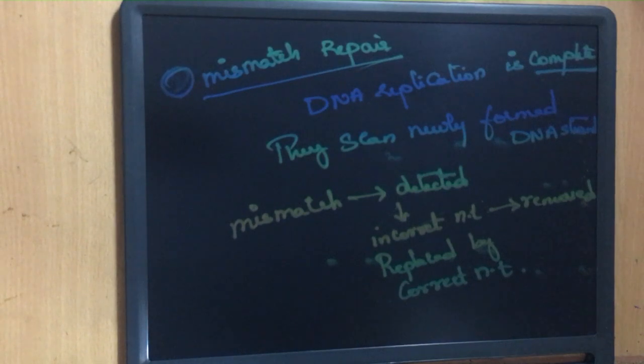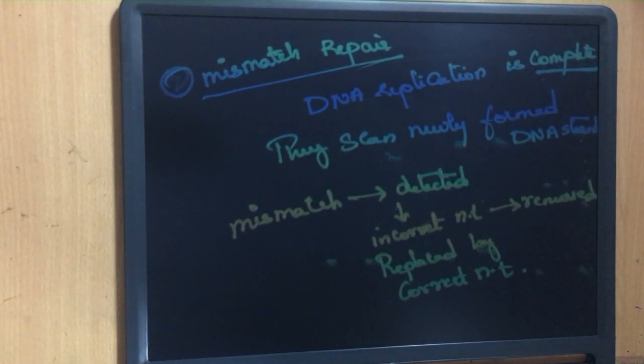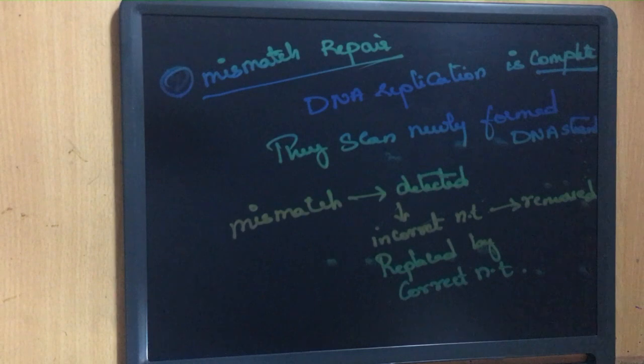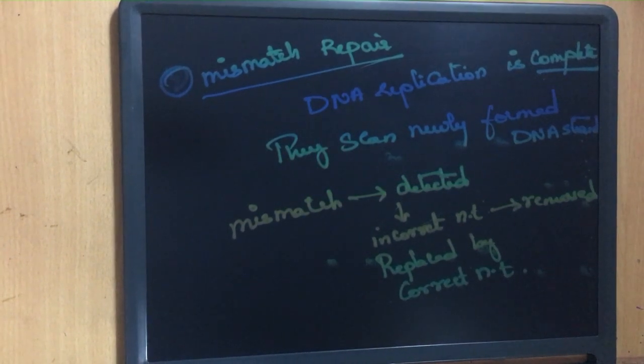So, here we have to understand that the mismatch repair mechanism is done after the new strand is completely synthesized, whereas the proofreading mechanism by DNA polymerase is carried out during the synthesis of the DNA strand. Okay, it is done in real time. Which one? The proofreading mechanism.